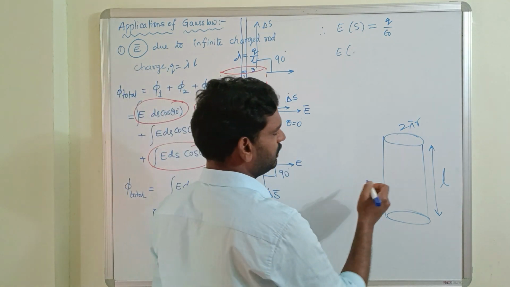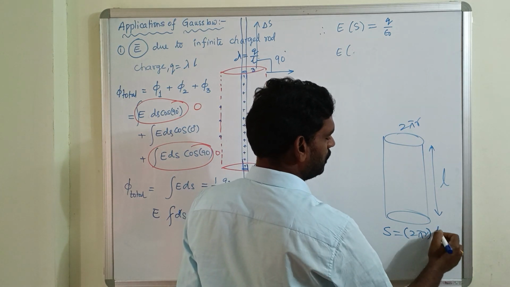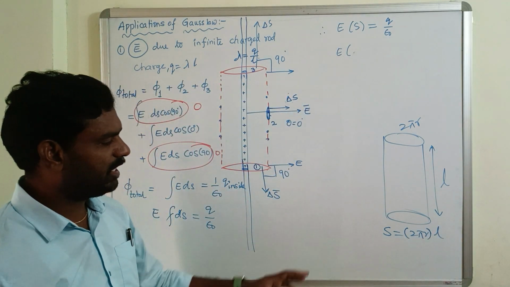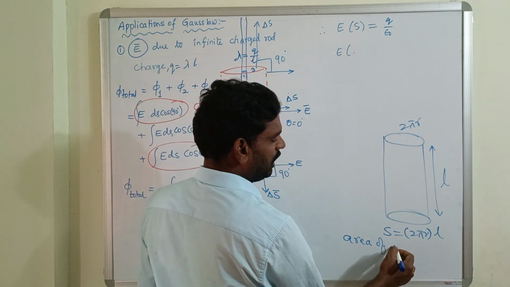So area S is equal to 2πr into L. This is nothing but the area of the curved surface.